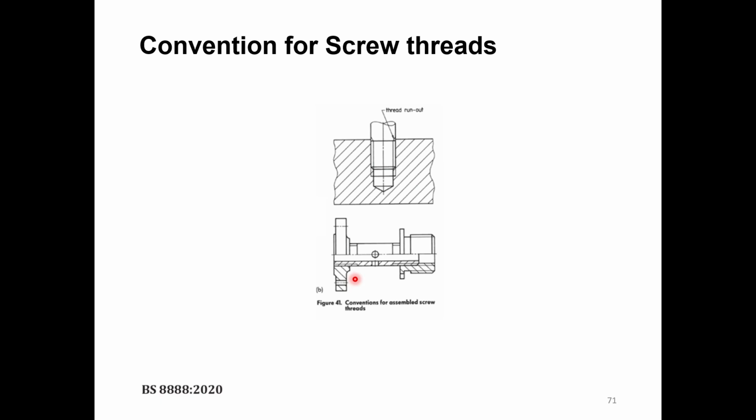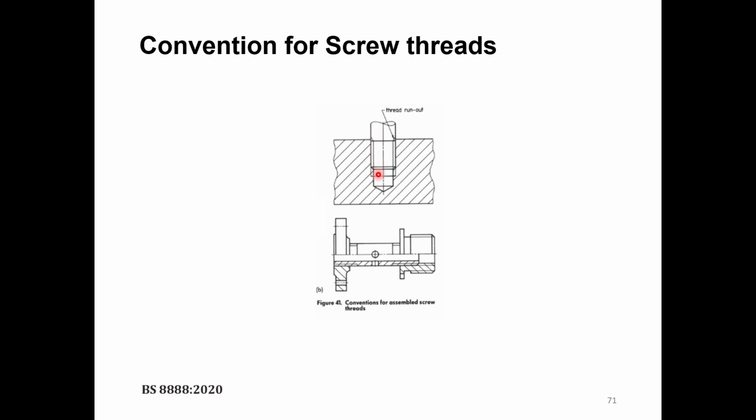When we assemble internal and external threads together, we draw only two lines. For the hole here, we have two lines, which show the internal thread. And when we assemble this part together with this part, we have the external thread for the bolt.